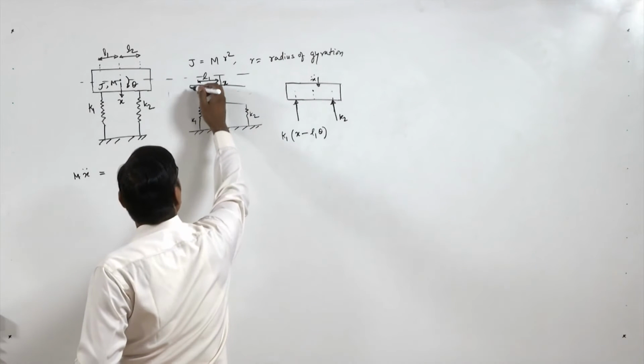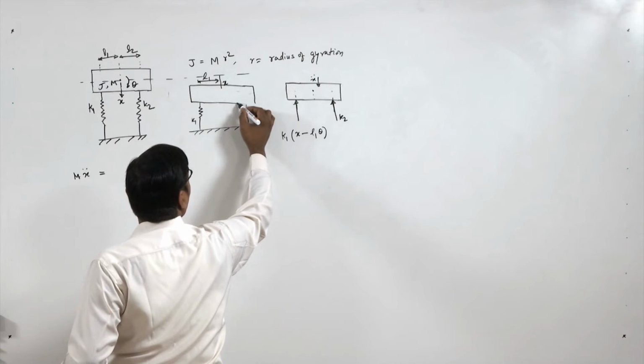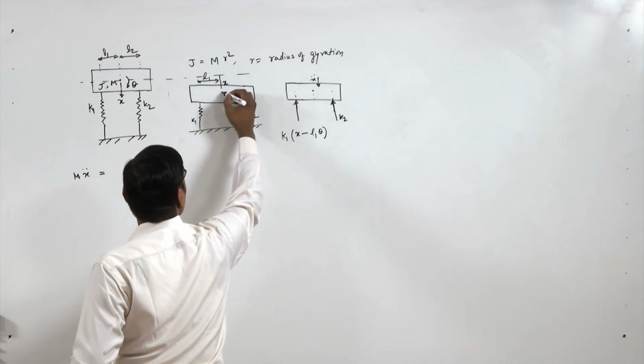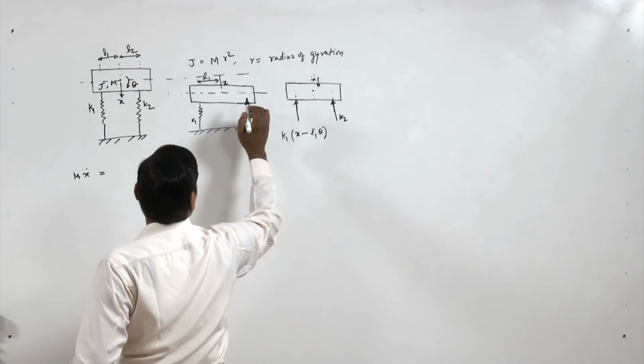So I have to redraw this so that it is more clear and we can understand this. So this is the initial axis.